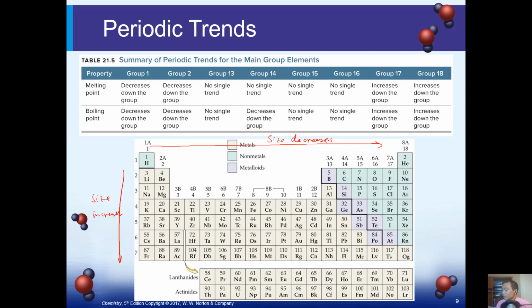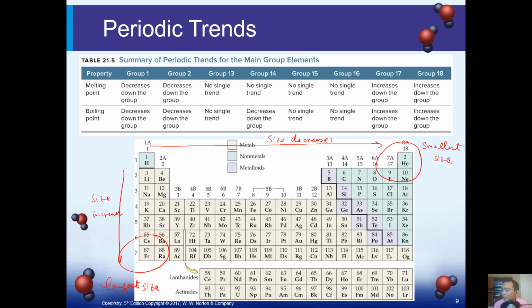Okay. So for this reason, this corner will have the largest size. The top right corner will give you the smallest atomic size. The first ionization energies and the electronegativities decrease down the group and increase across the period.